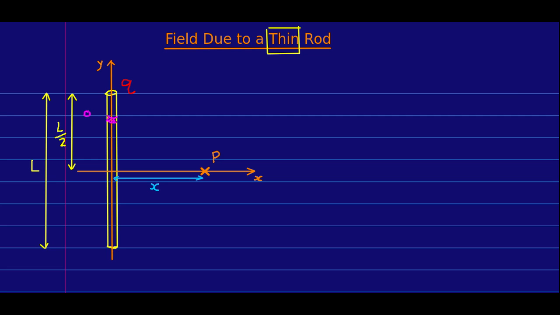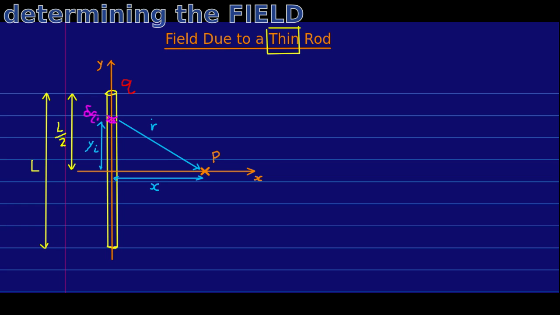So here's a piece that I'll call delta q_i. And one thing that's going to be of interest is where it is. So it is at a value of y that I will call y_i, the y value of the ith piece. And something we know we're going to want is the vector that points from delta q_i to the point P where we're determining the field.